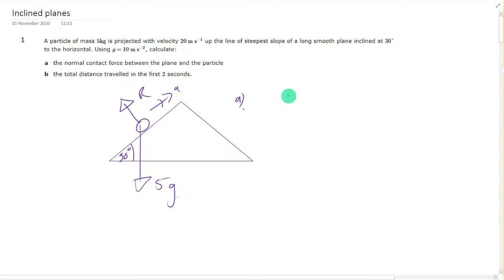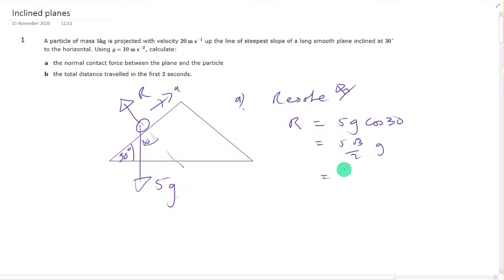If we resolve perpendicular to the plane, then R will equal 5g, and putting the angle in, it's the adjacent part, so it's 5g cos 30. That is equal to 5 times root 3 over 2 times g. Taking g as 10 meters per second squared, we get 43.3 newtons.